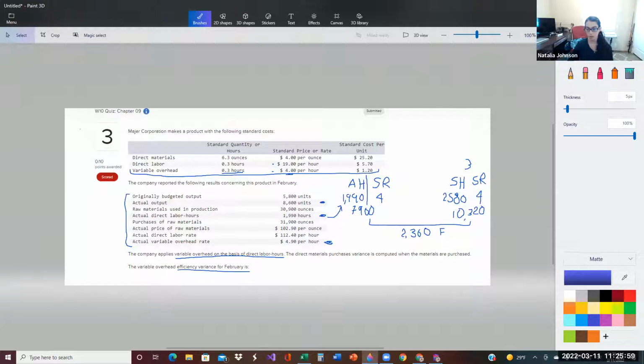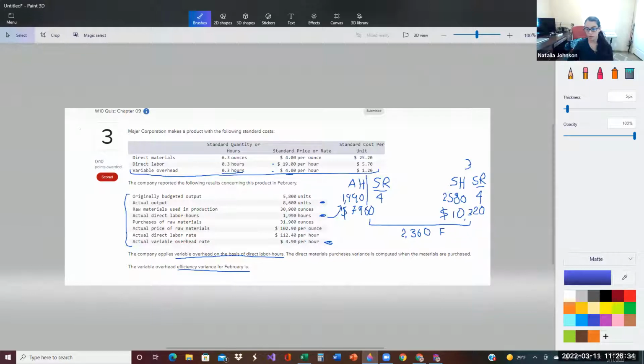Yeah. So I can do 3 things. I can just do the right side minus the left side, and if it's a positive number, it's favorable. The second thing I can do is, well, they should have spent $10,320 and they spent $7,960. That means it's favorable because they spent less. And the third thing is, because this standard rate is the same here and here, $4, we're looking at the difference of hours.